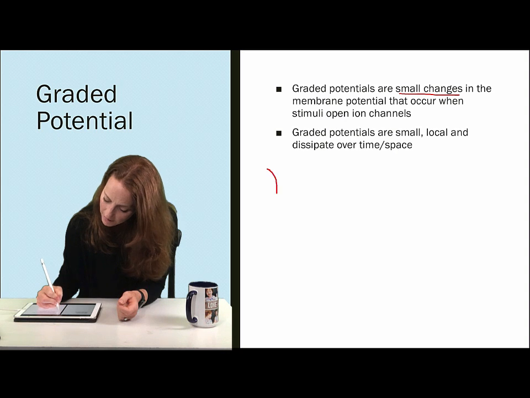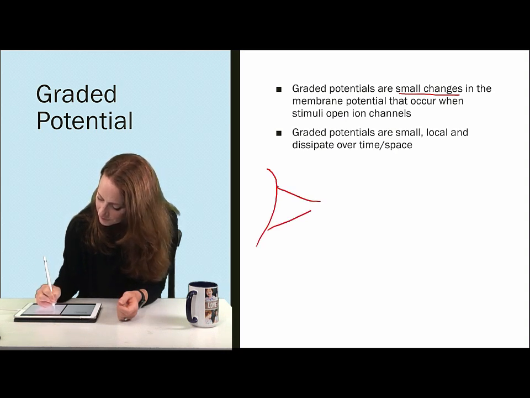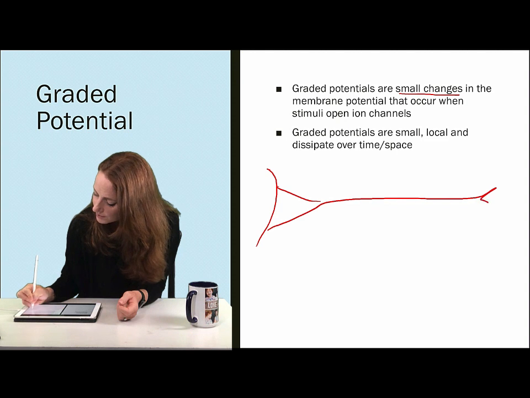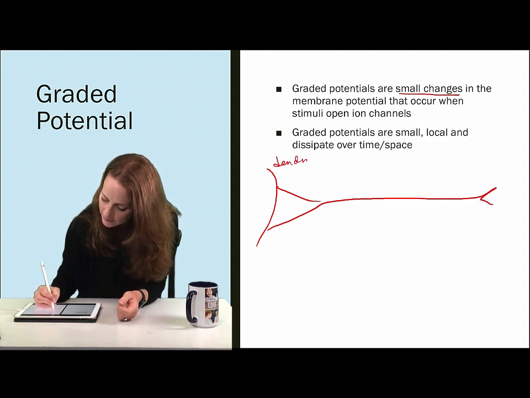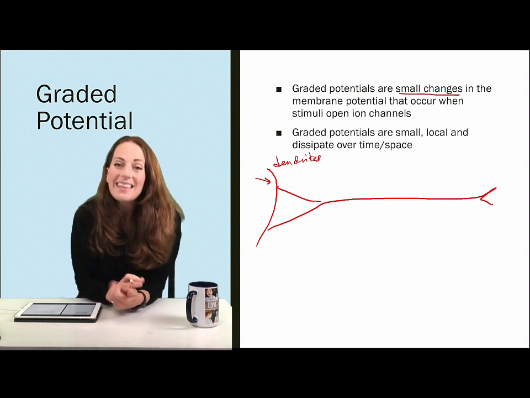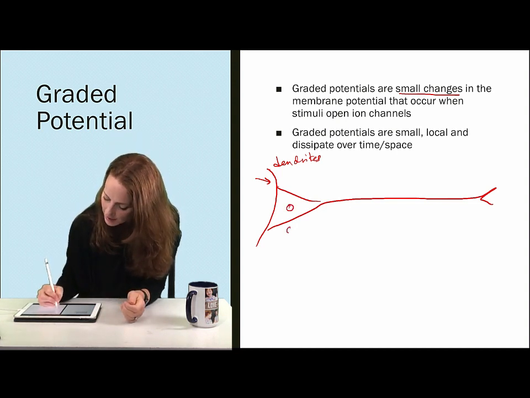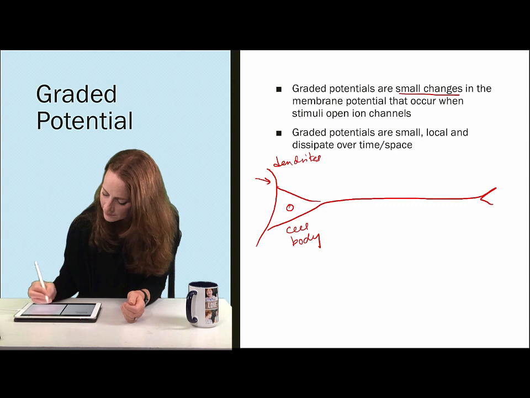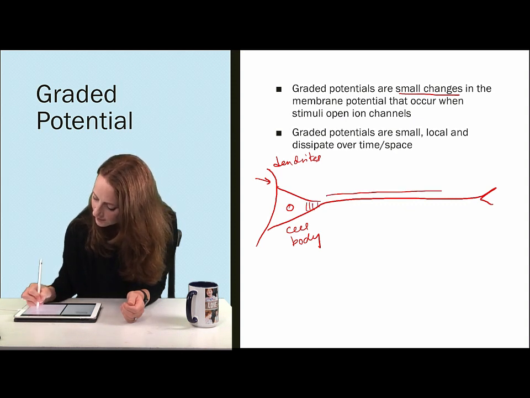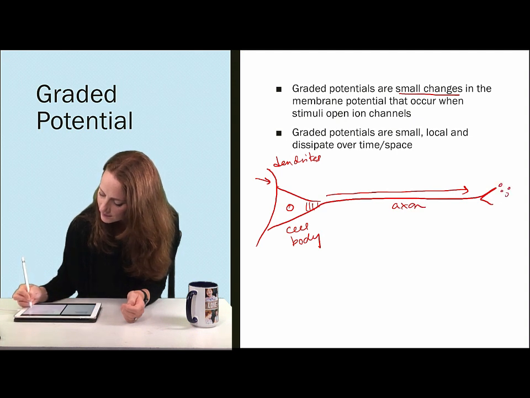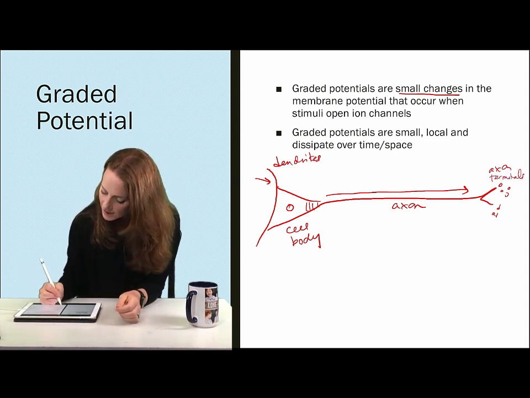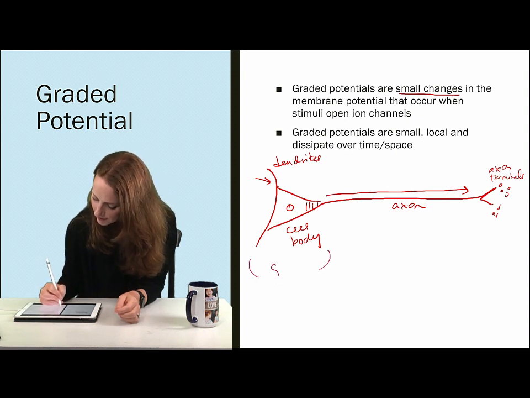So here we have a neuron, a typical pyramidal neuron where we've got dendrites at the input side. And here's our cell body. And then the axon and the axon terminals. So typically our graded potentials are going to be happening at the dendrites and the cell body.